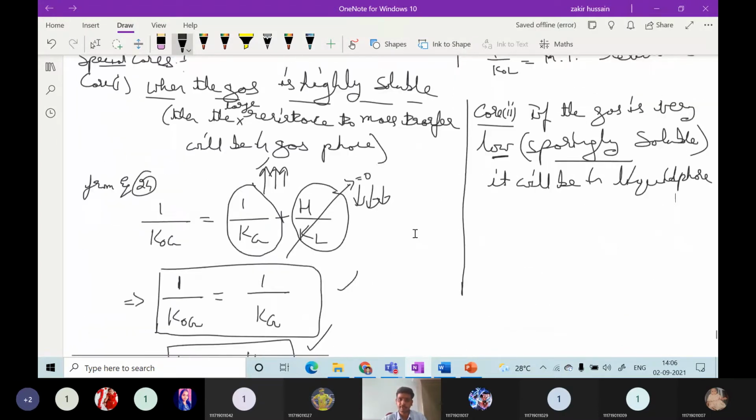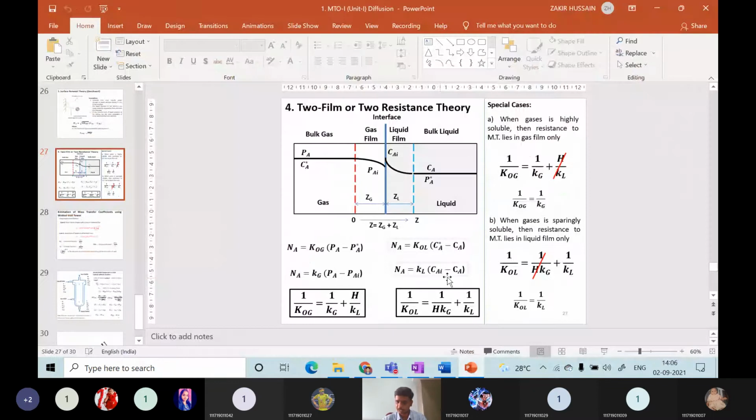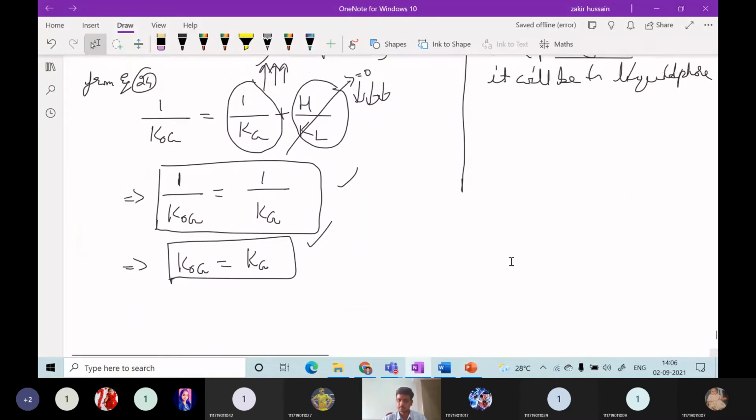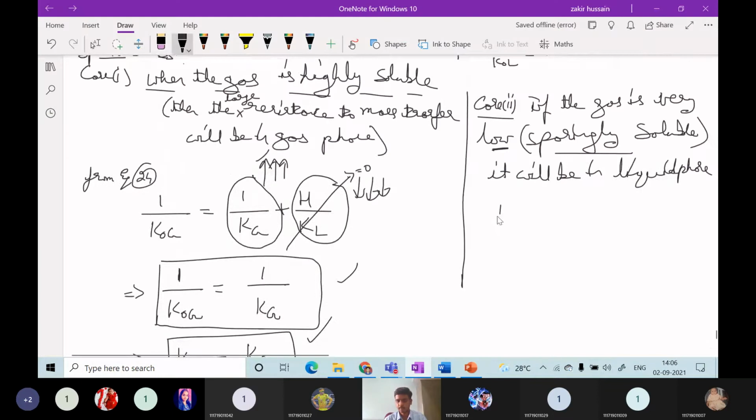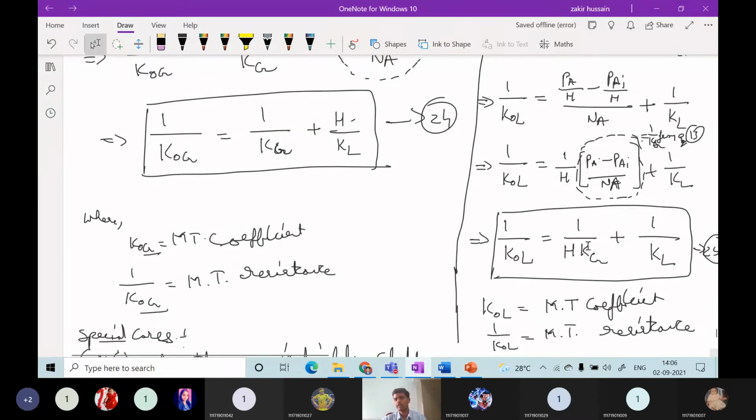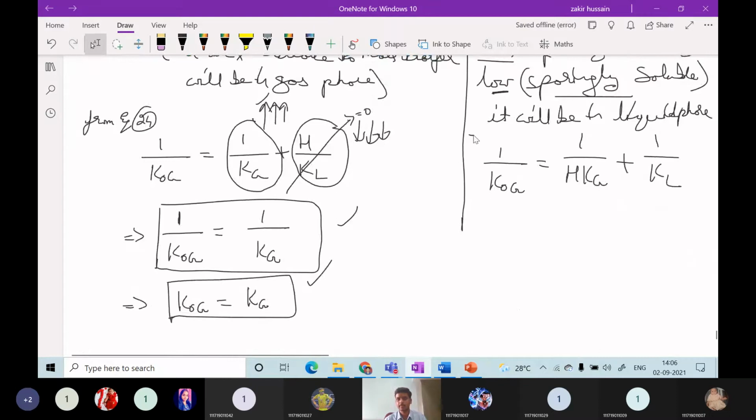Then equation 25, the same equation I have provided here: 1 by KOG is equal to 1 by HKG plus 1 by KL. Same equation from equation 25.